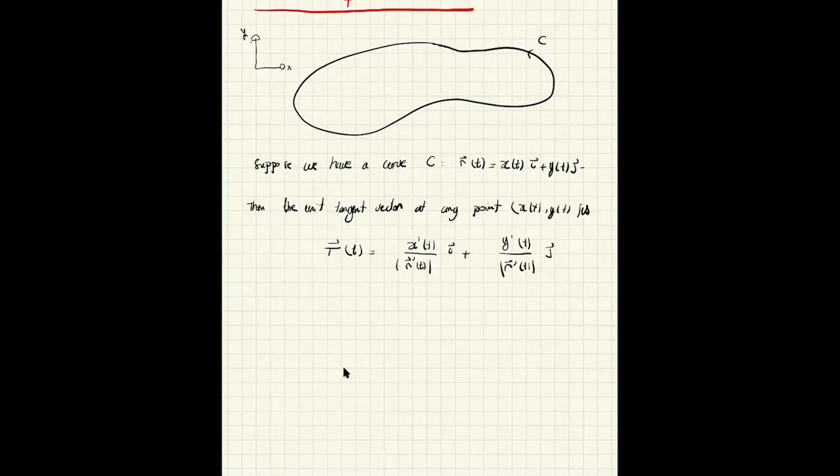And this one is never going to be zero because remember, we're only talking about smooth curves.